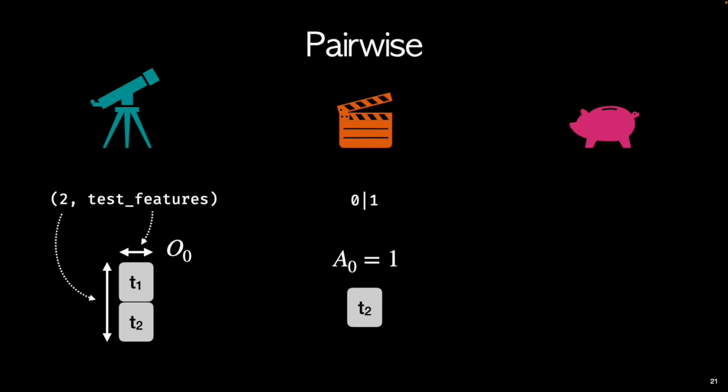What the action represents is, given these two test cases, the agent has to decide which one is more important, which one should be the highest priority or the lowest rank. If we choose one, which means T2, then we have to swap them. So T2 goes at the position that T1 had before.